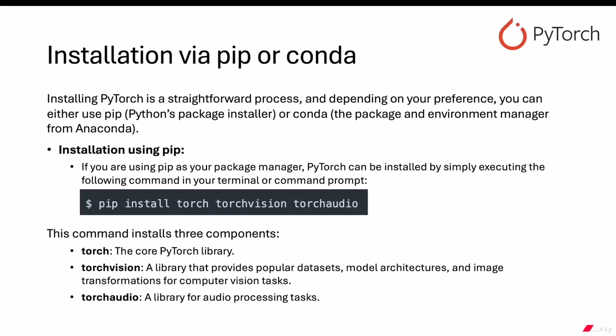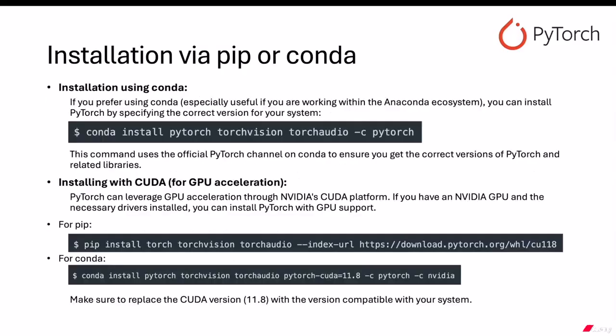This command installs three components: torch, the core PyTorch library; torchvision, a library that provides popular datasets, model architectures, and image transformations for computer vision tasks; and torchaudio, a library for audio processing tasks.